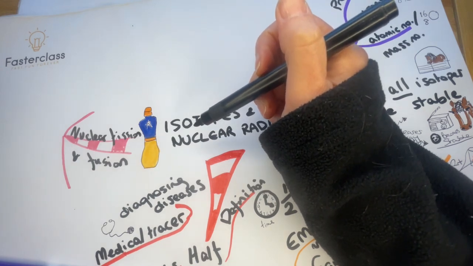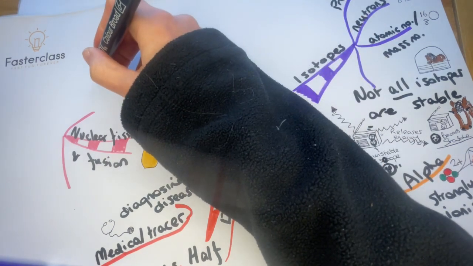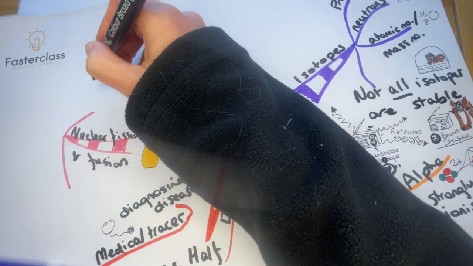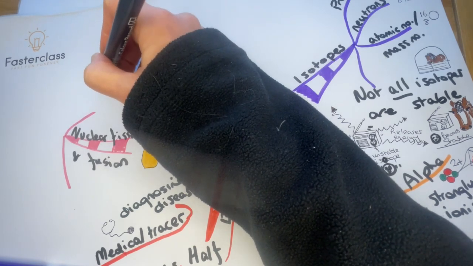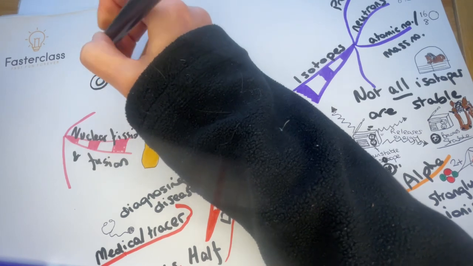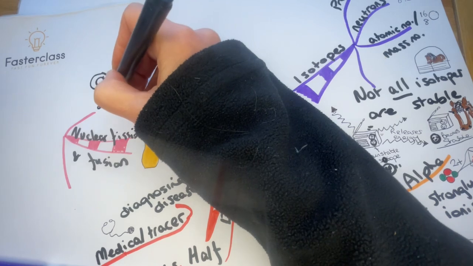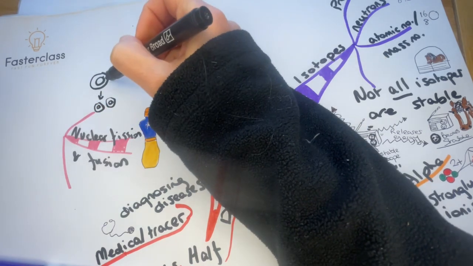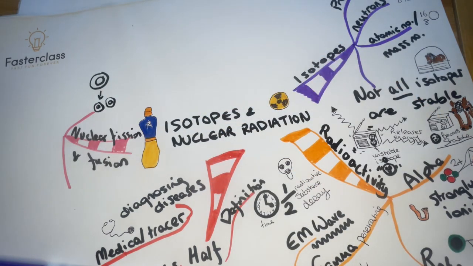Now, fission is the splitting of a heavy nucleus into smaller ones. How can we picturise heavy? I guess we can have a big nucleus here, into smaller ones. And as it does so, it releases energy.